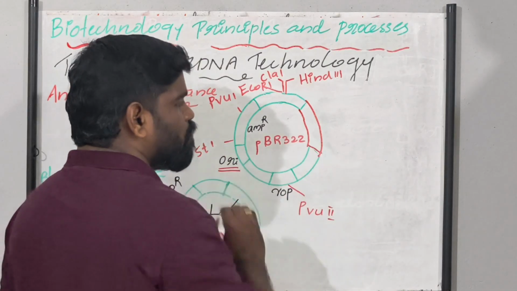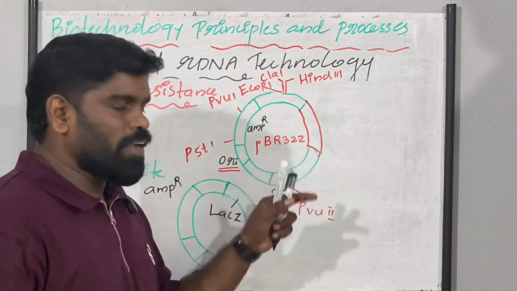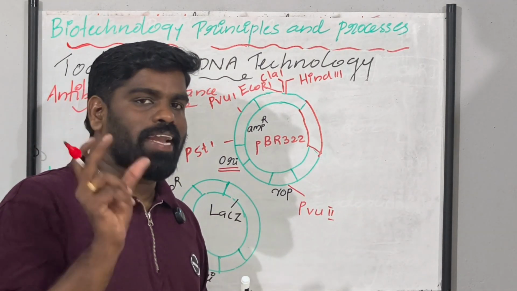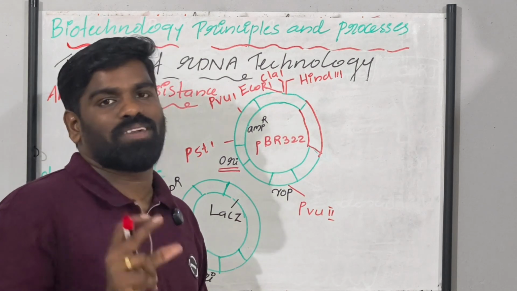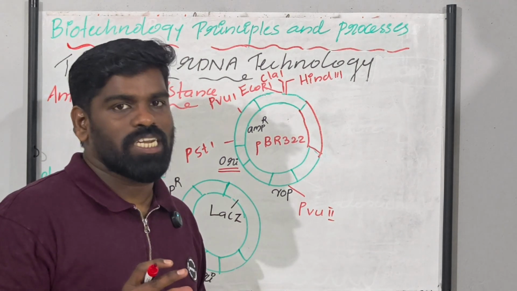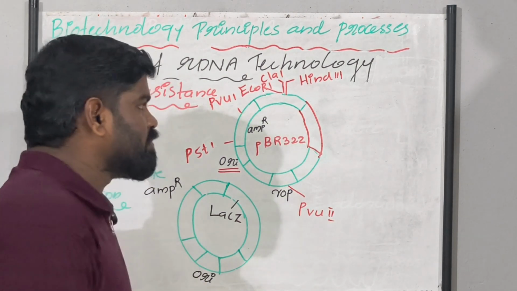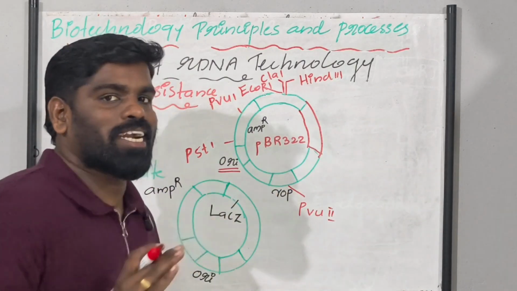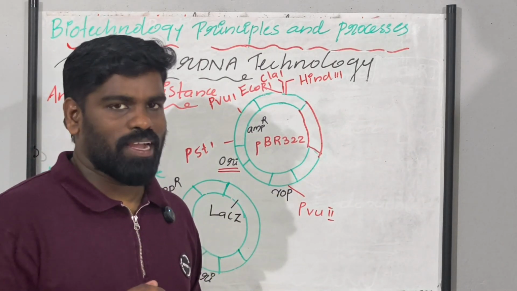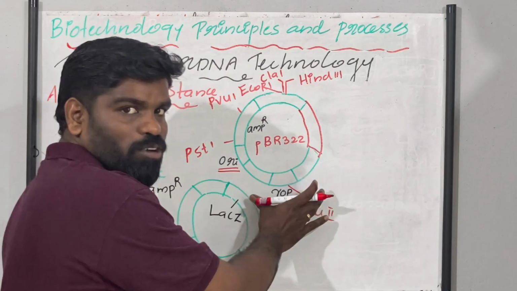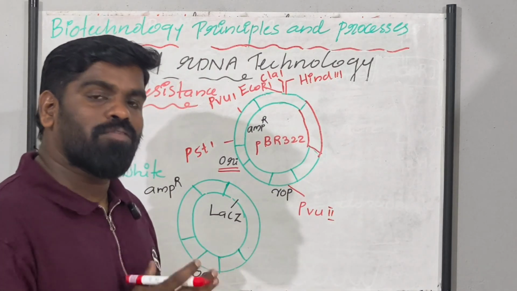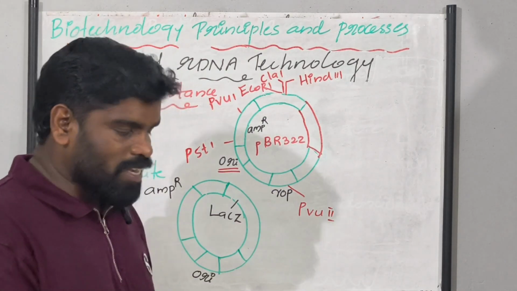So when we ligate a small DNA fragment into the BamHI site of the tetracycline resistance gene in pBR322, it will lose the tetracycline resistance. This is called the recombinant. So the recombinant will lose the tetracycline resistance.